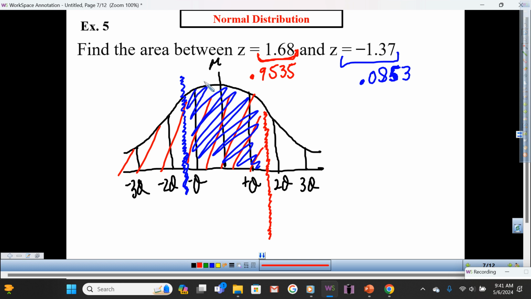So, how would we get this area right here in between those two? What do you think, Jaden? What would we do? So this would be 95.3%, okay? And this one would be 8.5%. I'm just rounding, okay? And then?